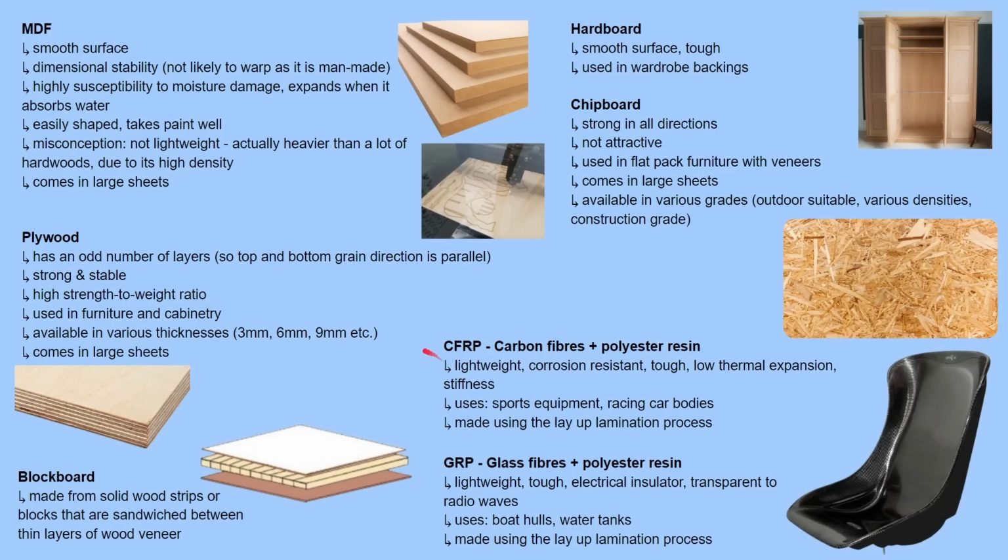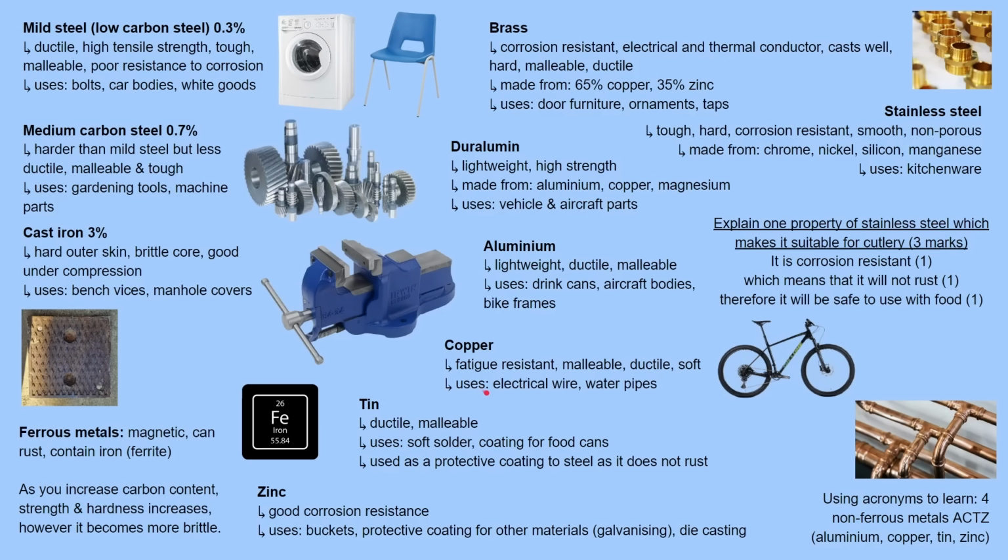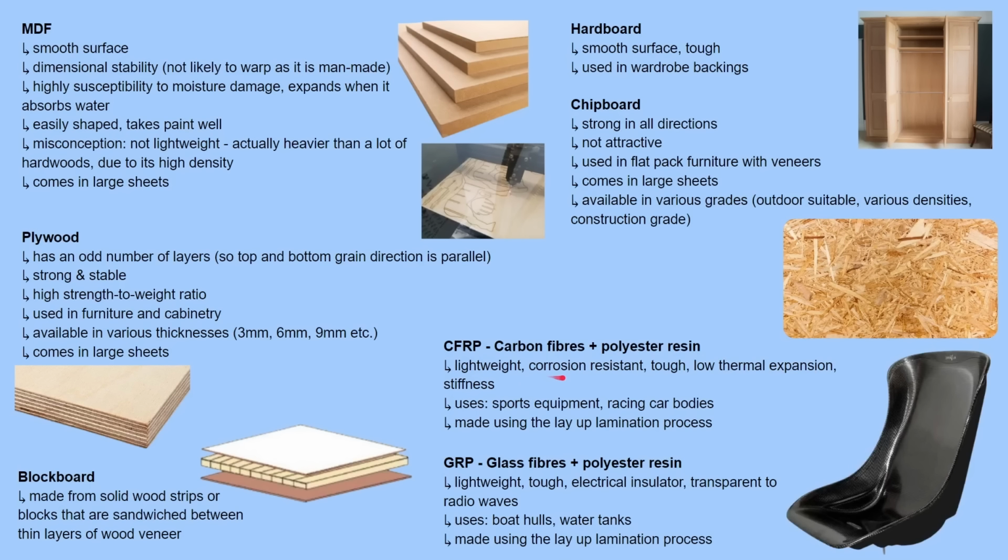We have carbon fiber reinforced plastic and glass reinforced plastic, which are polymer-based composites. So carbon fiber and polyester resin gives you carbon fiber reinforced plastic. It's this material here. It's lightweight, corrosion resistant, tough, has a low thermal expansion, and is quite a stiff material. It's used in cars.